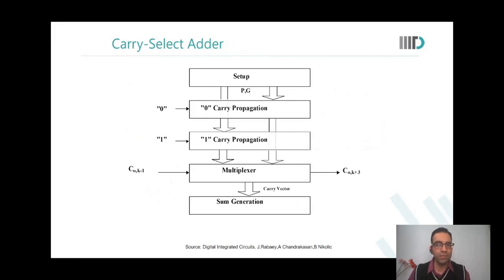Ranjit, your hand is still raised. Anything pending there? Okay. So, this was where we were actually using the carry to reevaluate the circuit and arrive at an output. If we are ready to give area, then another idea could be assume that carry could be 0 and assume that carry in could be 1 and calculate C out for both the cases.